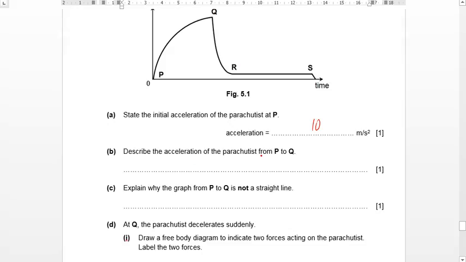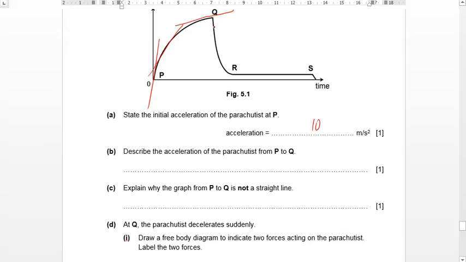So the acceleration, look at the gradient. This is very steep, right? As time passes, it is less steep. As time passes even more, even less steep. So the gradient gets smaller and smaller. What does that tell me about the acceleration?